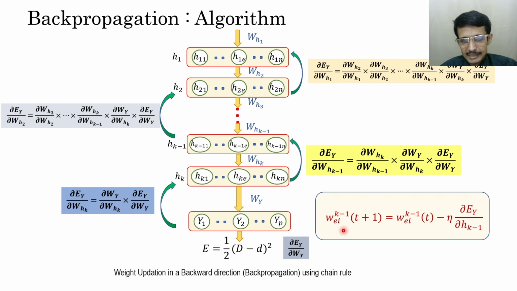So W_HK minus 1 becomes W_HK minus 1 minus the learning rate times the error gradient with respect to W_HK minus 1, because this is that particular layer. So you have to know this error gradient at each hidden layer, multiply it with the learning rate, and subtract it from the previous iteration's weight to get the new weight value.